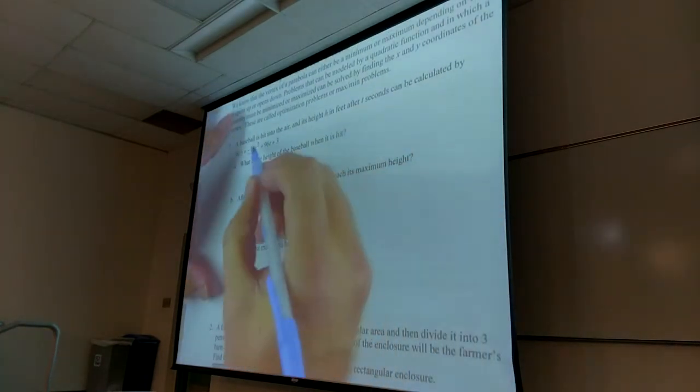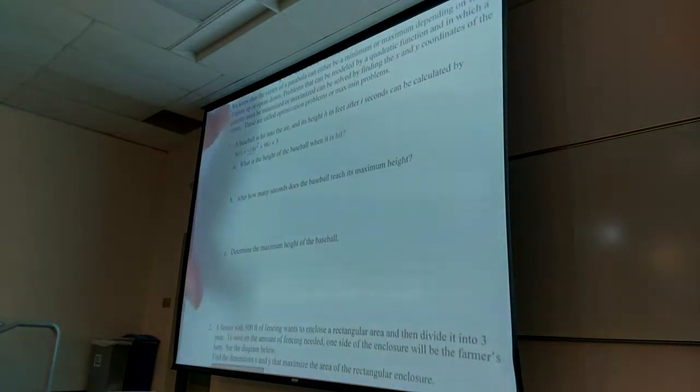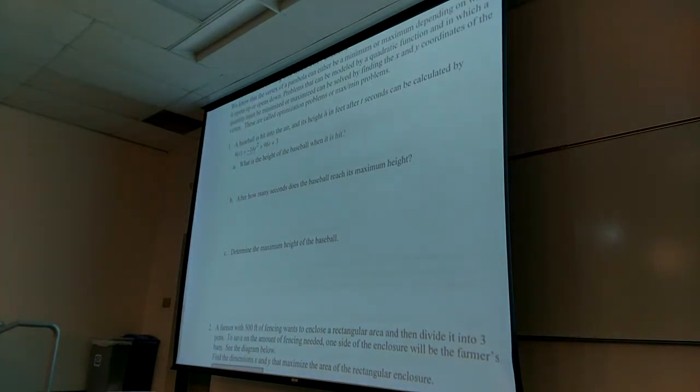And what's really, really nifty is that 16 isn't just made up. That's actually physics. There's a certain number that relates to how quickly you lose velocity as you try to go up. Have you guys ever heard the phrase escape velocity? If you have the right escape velocity, that means you escape the gravity of the Earth. So that first term being negative tells you that that's the Earth taking your velocity away.